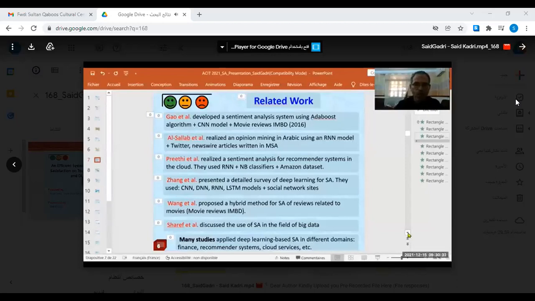We have also Wang et al., who proposed a hybrid method for SA of reviews and used the IMDB data set, and we can also cite Sheriff et al., who discussed the use of SI in the field of big data. And there are many other studies which apply deep learning for SA in different domains, such as finance, recommender systems, cloud services, and others.